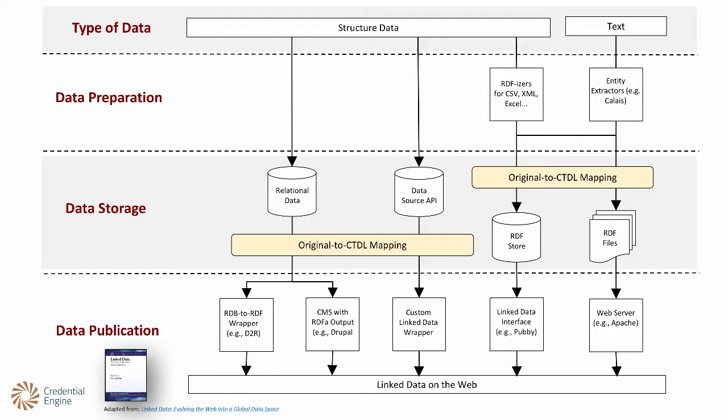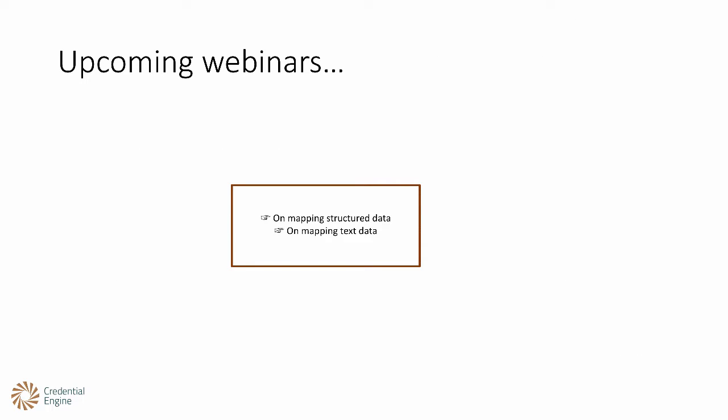We'll be doing a series of webinars that will break down into these two columns of structured and text going forward. So we'll have webinars with real technical experts with boots on the ground in taking data from in-house to the open web, in-house into RDF and into semantic metadata.